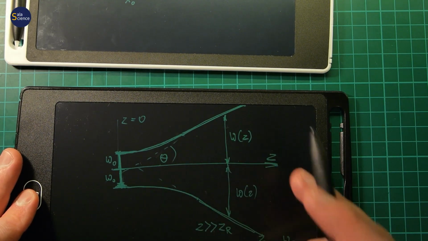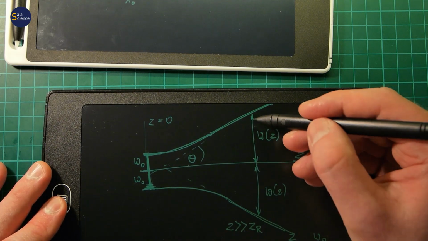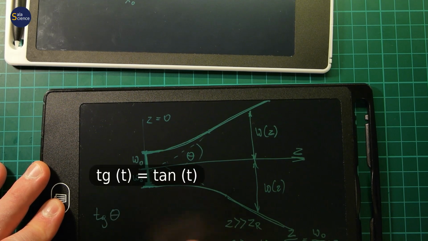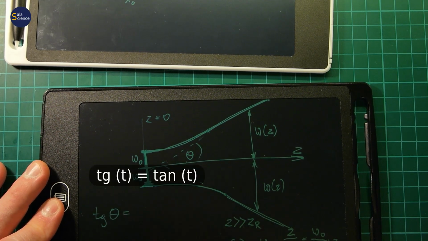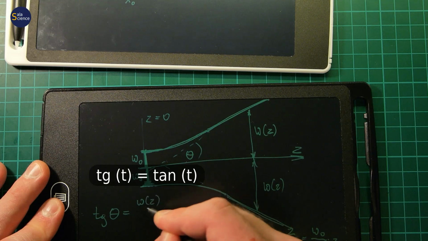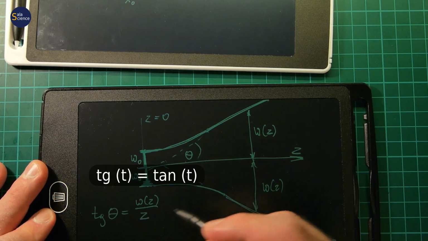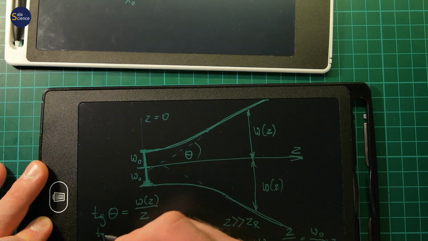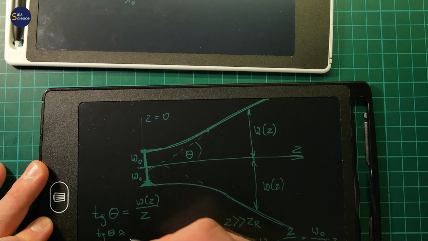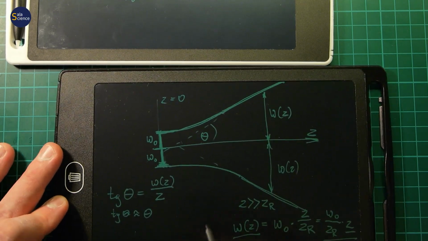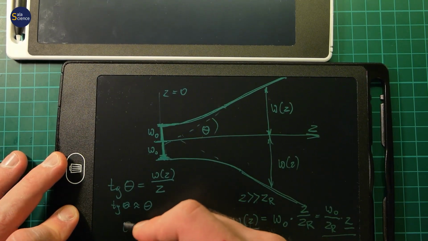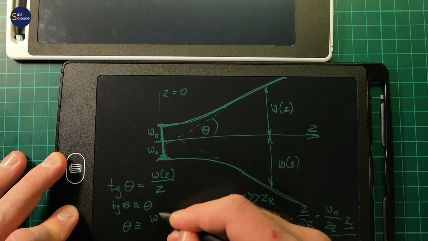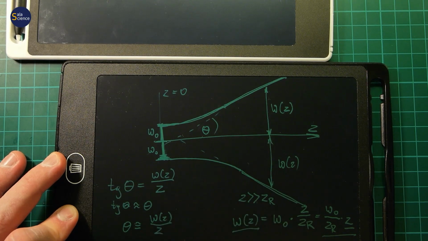Let's say this is a half angle of this diffraction. So we have tangent theta equals W of z over z, but we can approximate that tangent theta is approximately equal to theta. So we have theta approximately equal to W of z over z.